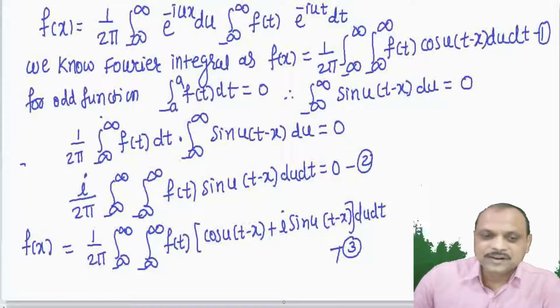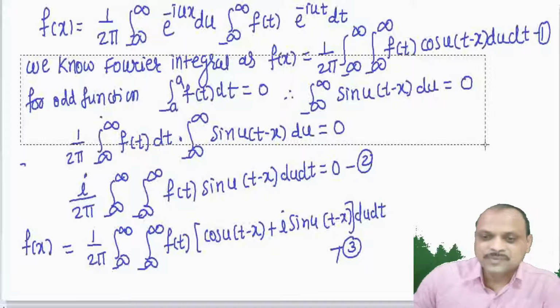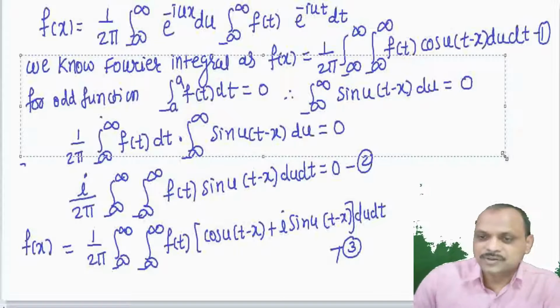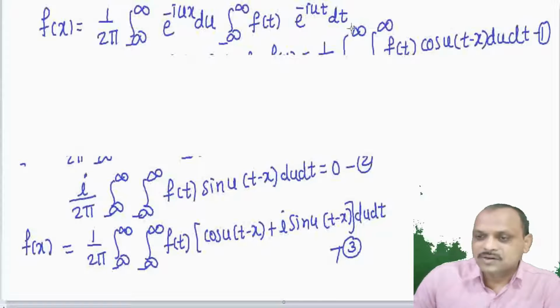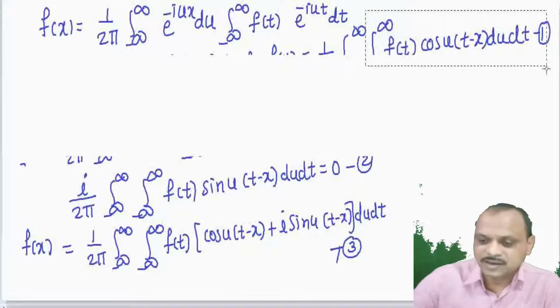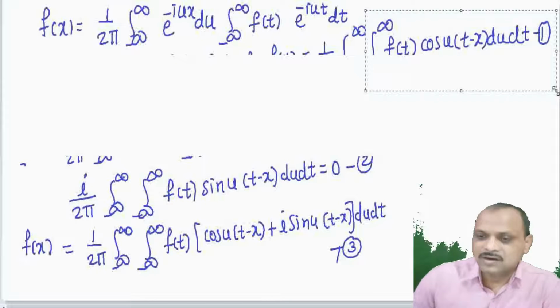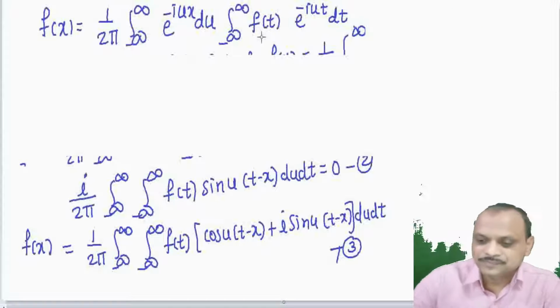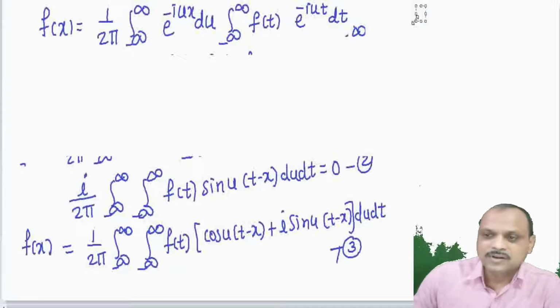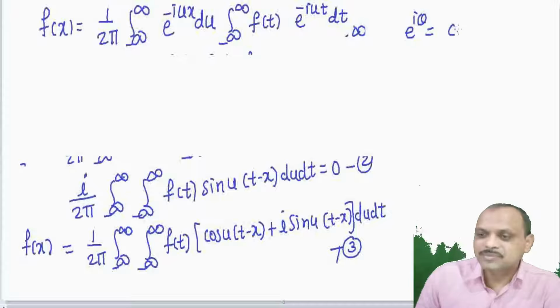Right. Now we know that e raised to i theta equal to cos theta plus i sin theta. Let us use that term here. e raised to i theta equal to cos of theta plus i into sine of theta.